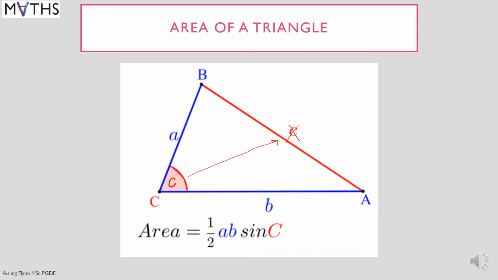So the measurements that you will be using will be the two sides that are adjacent to angle C, that are touching it or that make up angle C. That's side A, which is opposite angle A, and side B, that is opposite angle B. Okay, so what you need to use this formula is any angle and the two sides that make that angle.